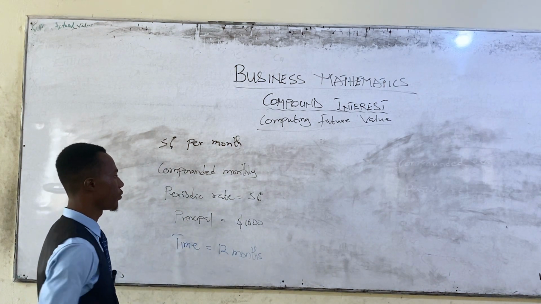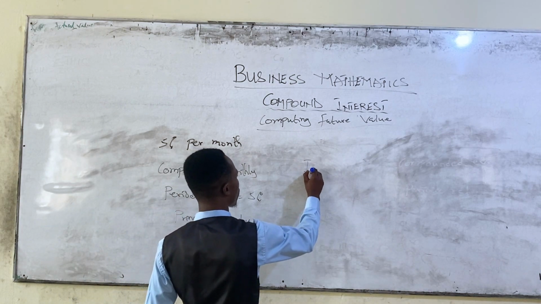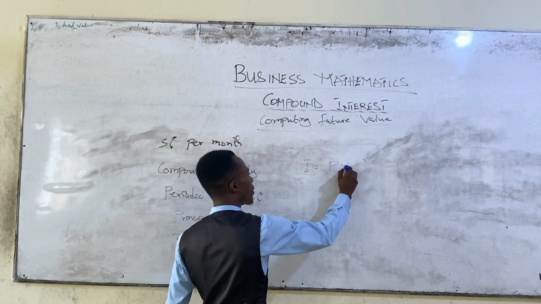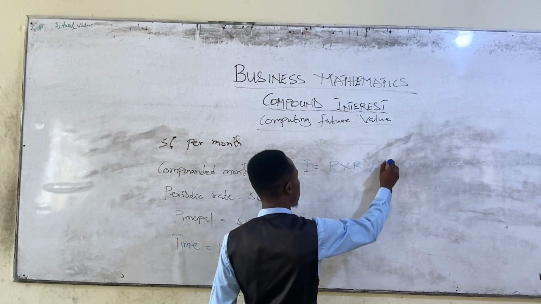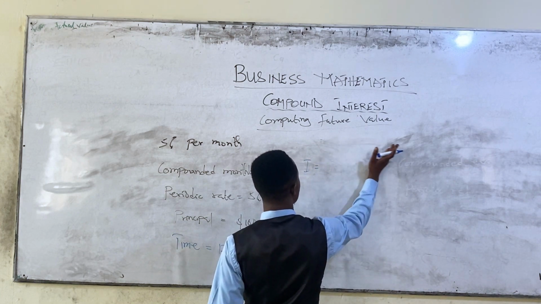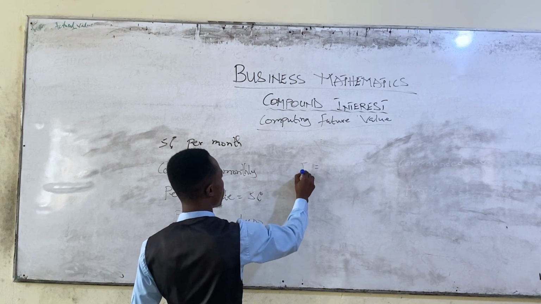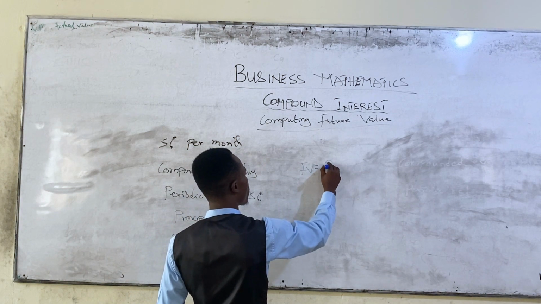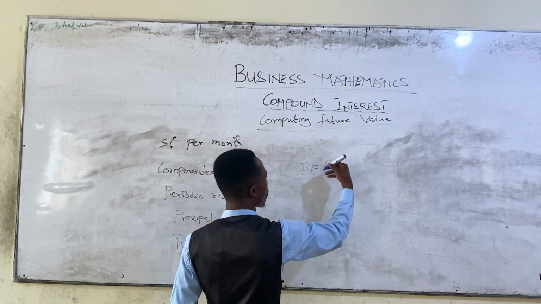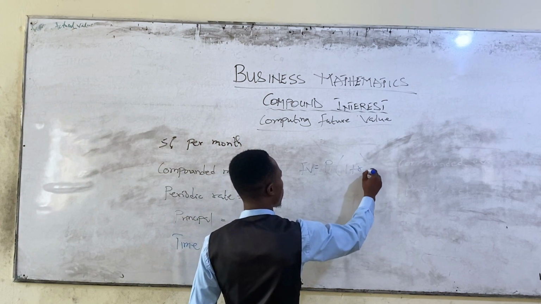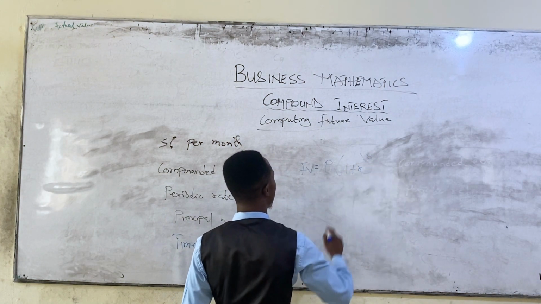So when you are calculating for the interest, it becomes what? Your principal times rate times time. Sorry, we are looking for the future value rather. So the future value is equal to your principal multiplying your future value factor. So this is what we call the future value factor.